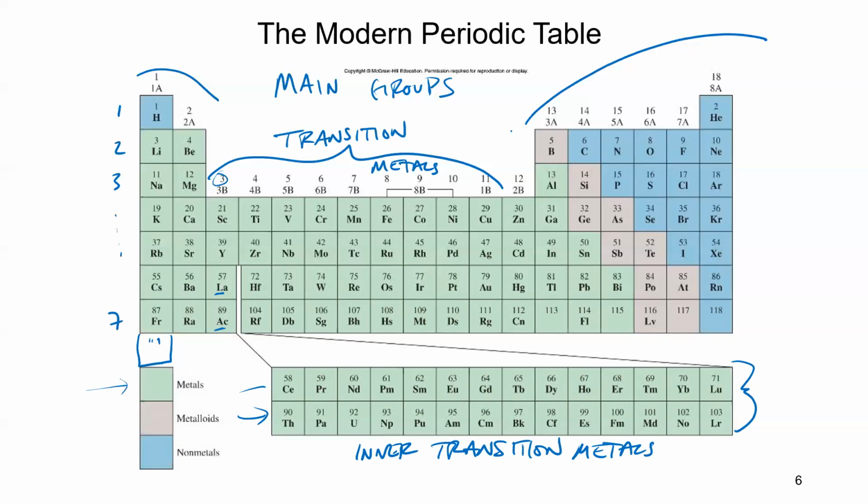And so we usually think about this sort of stair step here as the breaking point: it's going to be a metal if it's on the left, it's going to be a non-metal if it's on the right. So the blue ones, non-metals. And then the ones that I sort of squiggled over, those are metalloids. In some instances, they behave like metals. In some instances, they behave like non-metals. We don't have a very good classification for them one way or the other.